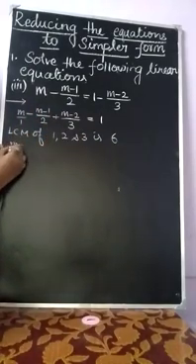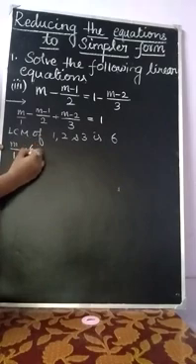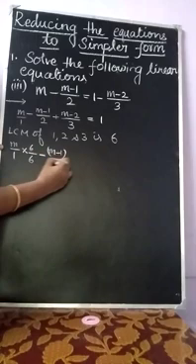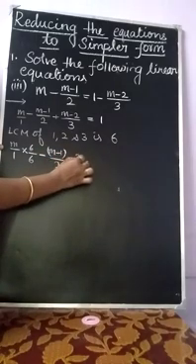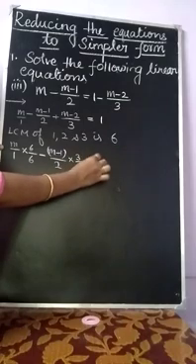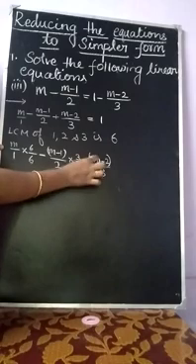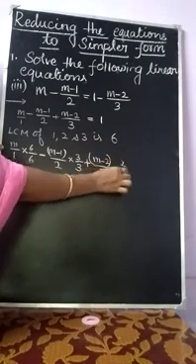So m by 1, multiply the numerator and the denominator by 6. Next value m minus 1 by 2, multiply the numerator and the denominator by 3. Next value m minus 2 by 3, again multiply the numerator and denominator by 2, because 3 into 2 is 6.